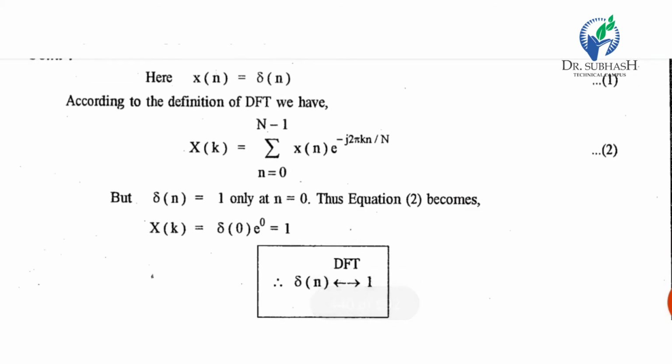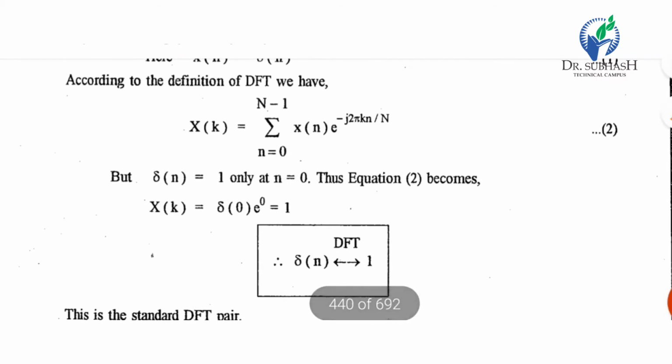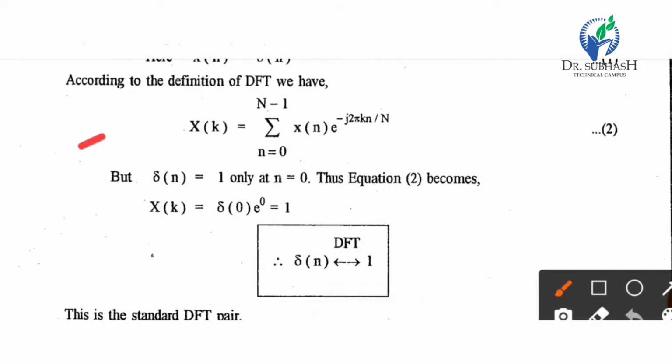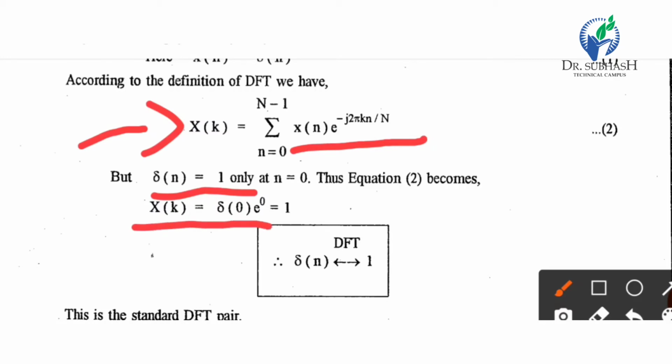According to the definition of DFT, we have X of k equal to summation n equal to 0 up to capital N minus 1 x of n e raised to minus j 2 pi k n upon capital N. So here delta n equal to 1 only at n equal to 0. So equation 2 becomes X of k equal to delta 0 multiplied with e raised to 0, so it is 1.